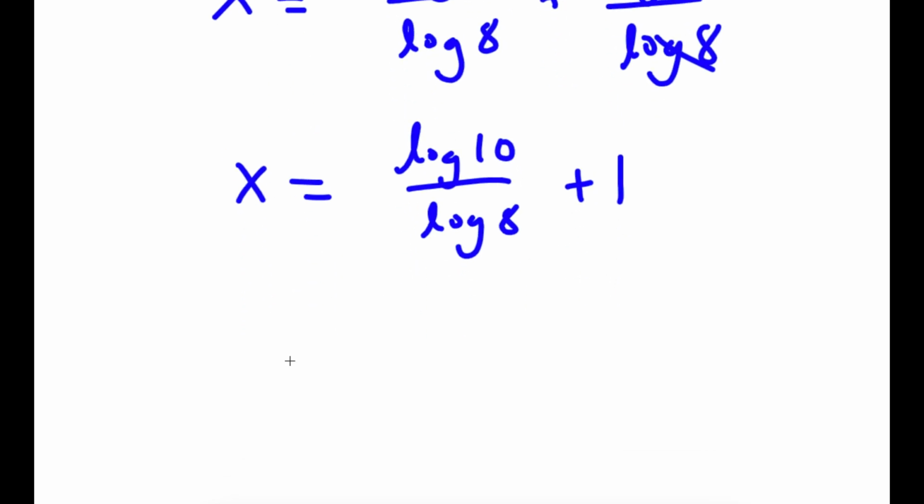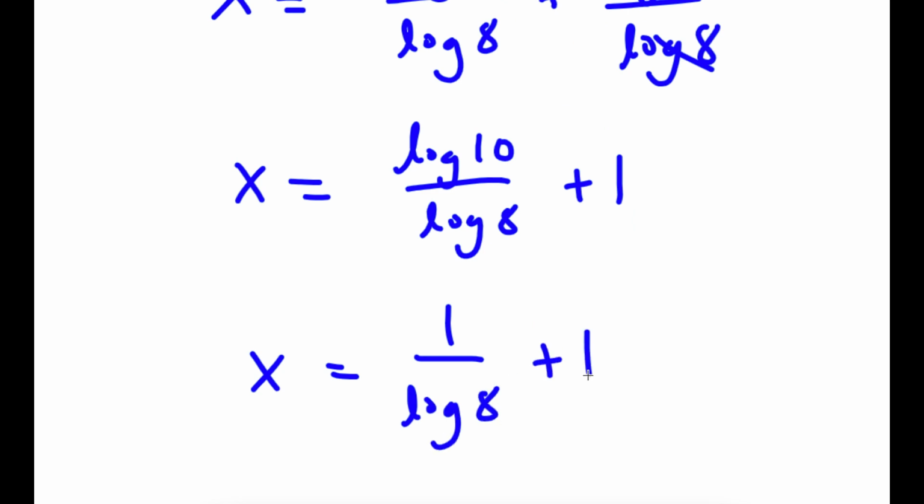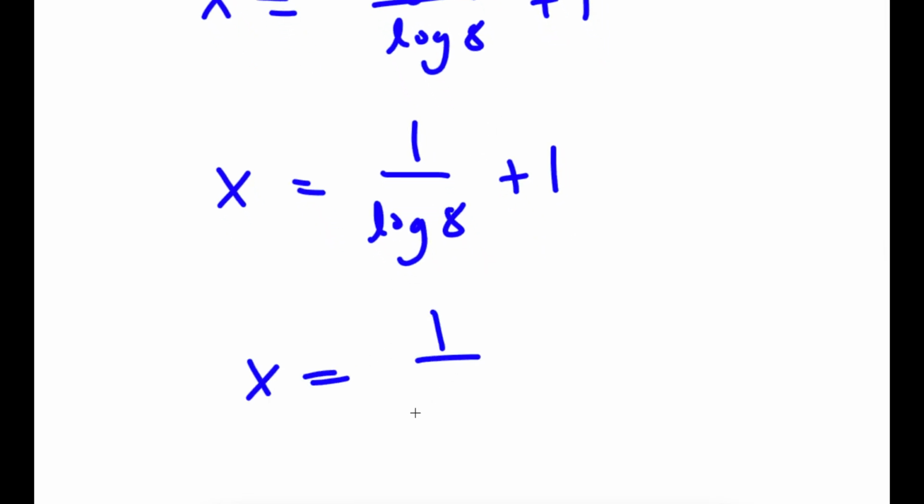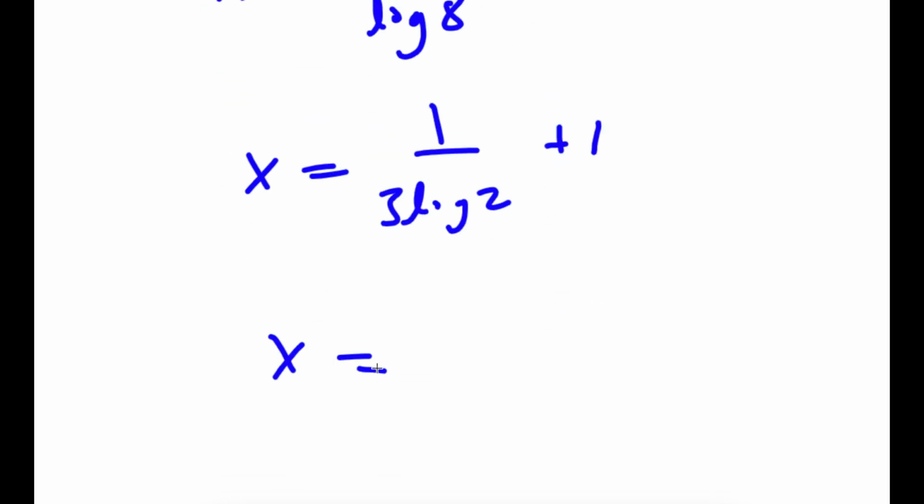And log 10 is also 1, so I have x is equal to 1 over log 8 plus 1. So log 8 is the same thing as 3 times log 2, which is equal to 2.1074.